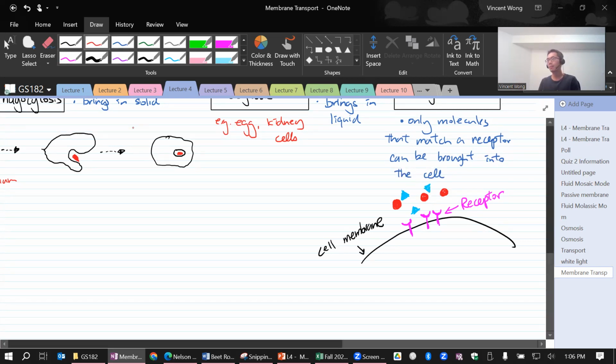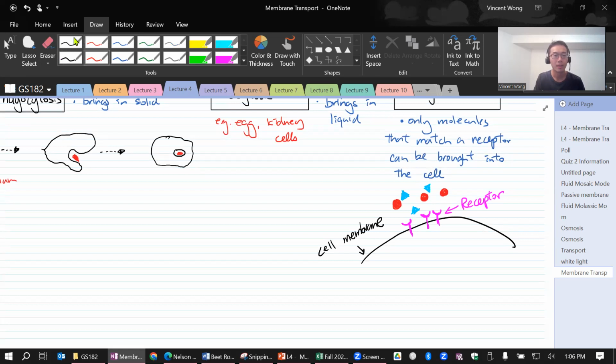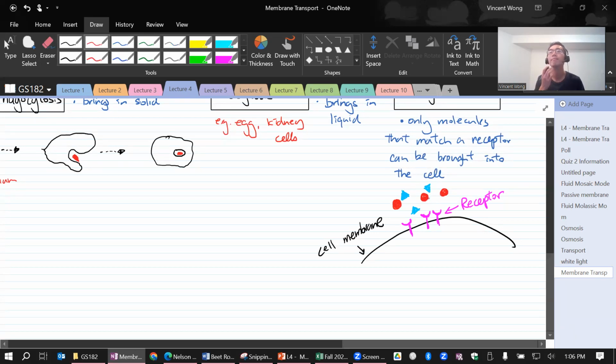Okay. Which one can come in? The red circles or blue triangle? Which one will fit the receptor? The red circles? Yeah, the circles. The red circle, that's right. So these fit the receptor. They can come in.